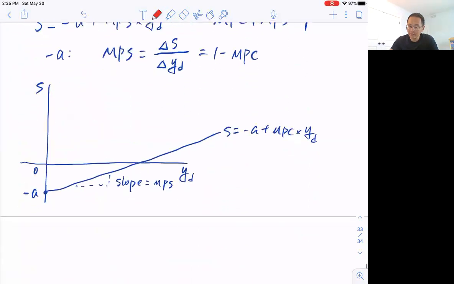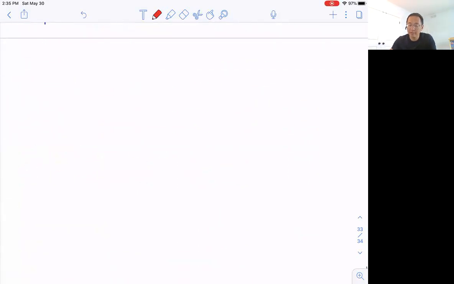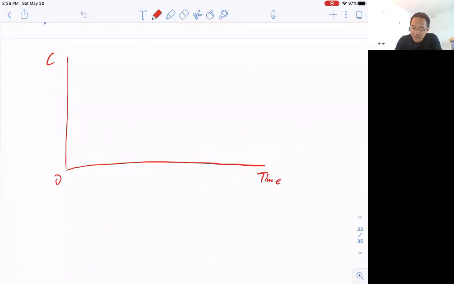Now, the last thing about consumption we want to talk about is simply putting your life on a little graph and showing you what happens over time. So this is consumption, this is time. Your whole life on a graph, where your consumption will start fairly low because starting out in life your income is fairly low.